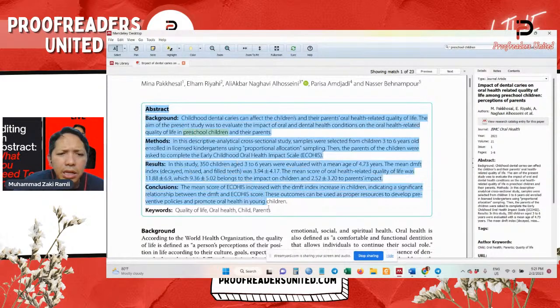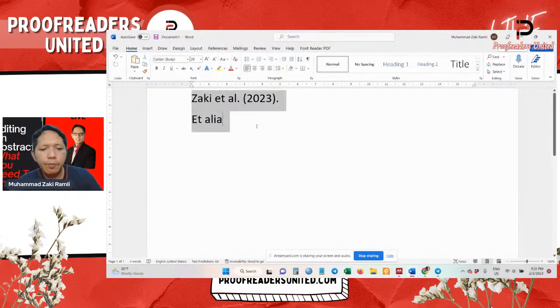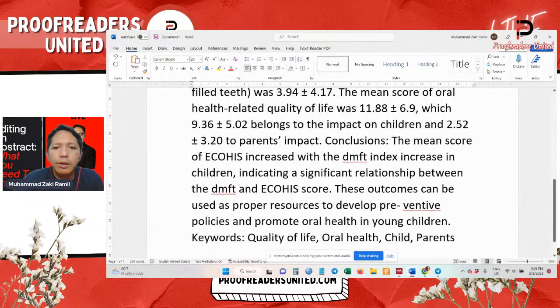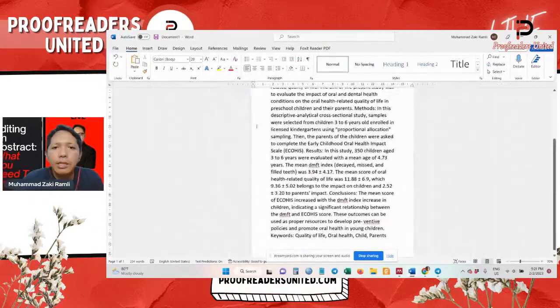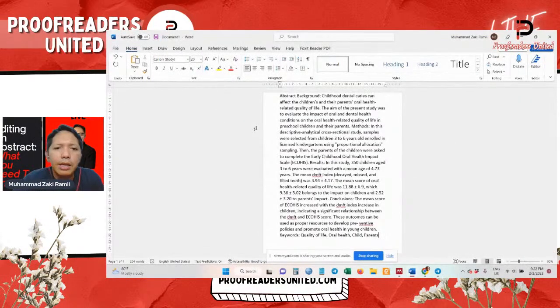Let me copy this whole abstract to our document. So this is the whole abstract in one page, and we have 204 words, including the keywords. For example, for this one, it should not be like this.